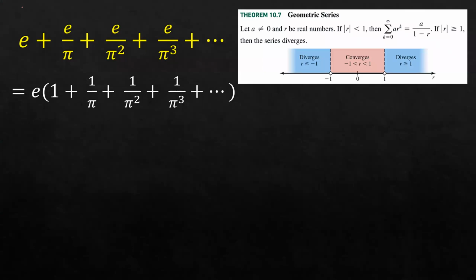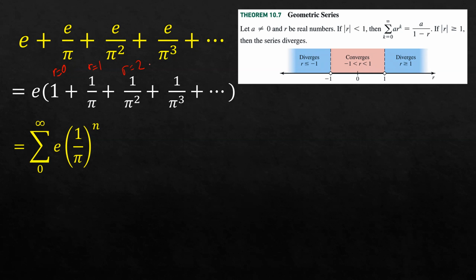When we factor out an e, I see that it looks like 1 over pi here being our ratio r, because this is when n is 0, this is when n is 1, and when n is 2, look at that. So our sum is from n equals 0 to infinity of e times 1 over pi to the nth power.